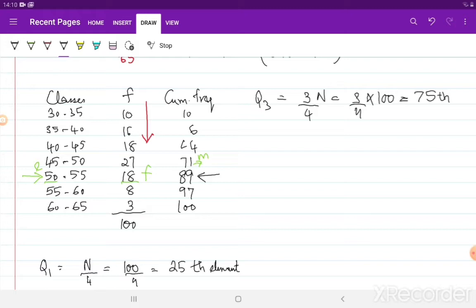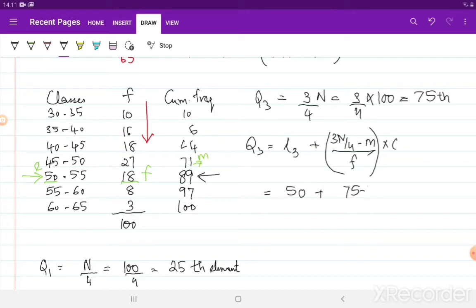Putting all these into the formula for Q3: L, the lower limit of the Q3 class, plus 3n by 4 minus M, divided by F, into C. So putting all the values in, 50 plus 3n by 4 is 75 minus 71, M is 71, divided by frequency 18, and size of the class interval is 5, right?